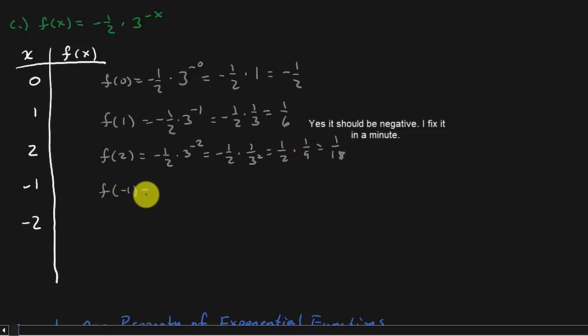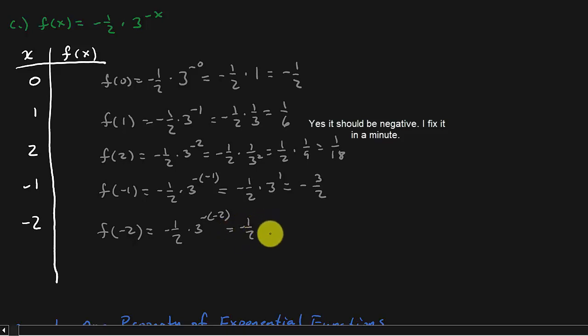And then we've got f of negative 1, which is negative 1/2 times 3 to the negative negative 1, which is going to be negative 1/2 times 3 to the first, which is just going to be negative 3/2. And then we've got f of negative 2, which is negative 1/2 times 3 to the negative negative 2, which is negative 1/2 times 3 squared, which is negative 1/2 times 9, which is negative 9/2.